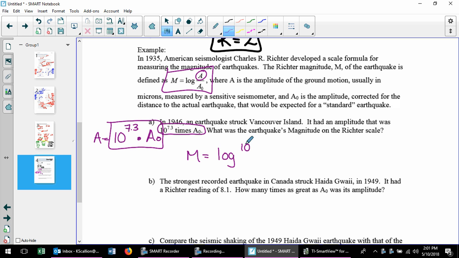So this is going to be 10 to the exponent 7.3 times A initial over A initial. That second A initial comes from the equation. So what happens to those A initials? So this is going to be the magnitude of the log 10 to the exponent 7.3.